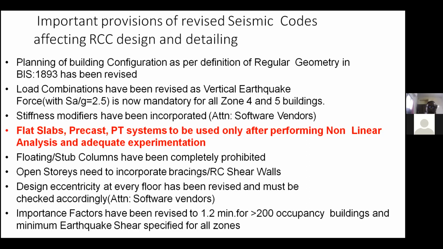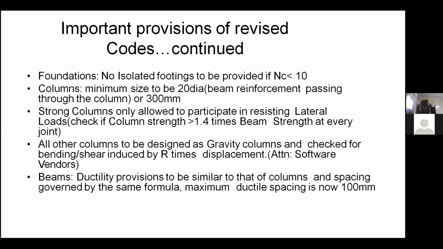There are many changes in the latest code, IS 13920 2016. The various requirements have now changed. We have to discuss this in more detail, because as I told you at the beginning of the lecture, whatever is required for field engineers, you can practice in the field.